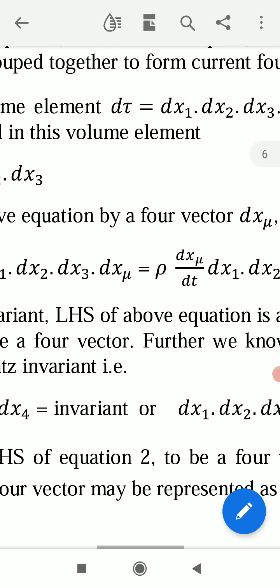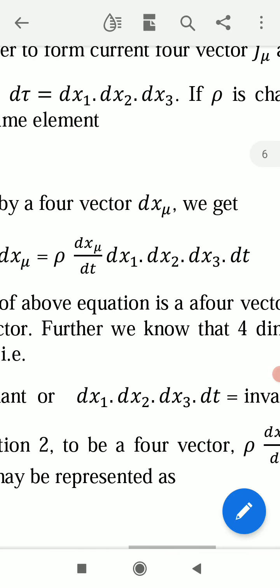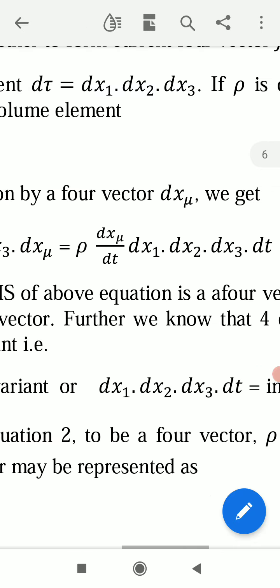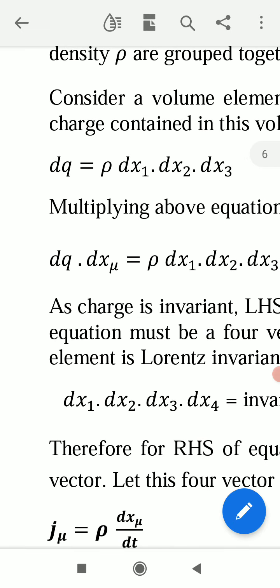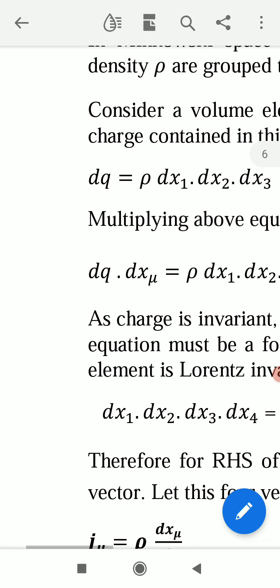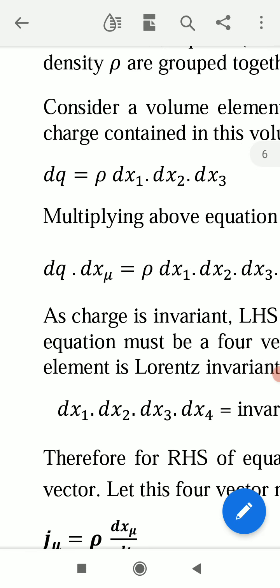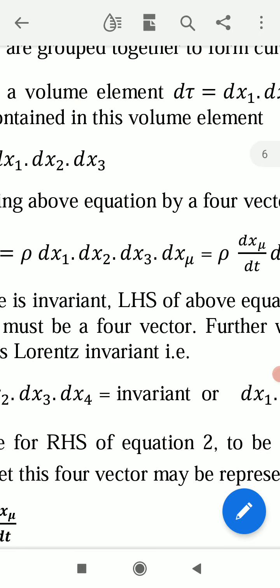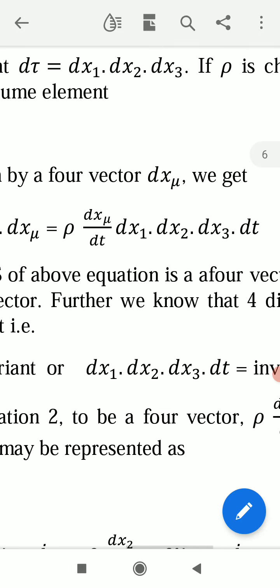Multiplying this equation by a 4 vector dx mu, where x mu is the position 4 vector, we get dq into dx mu equal to rho dx1, dx2, dx3 into dx mu, and we write it as rho dx mu upon dt into dx1, dx2, dx3 dt, multiplying and dividing by dt.